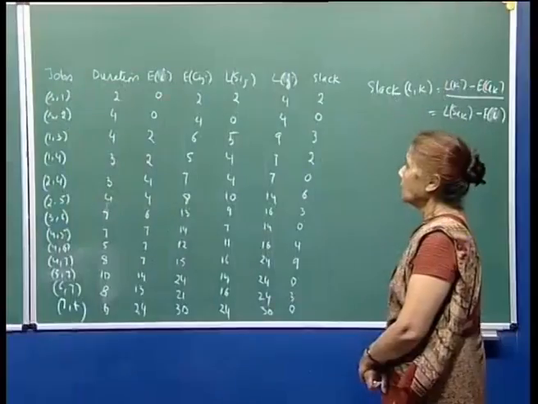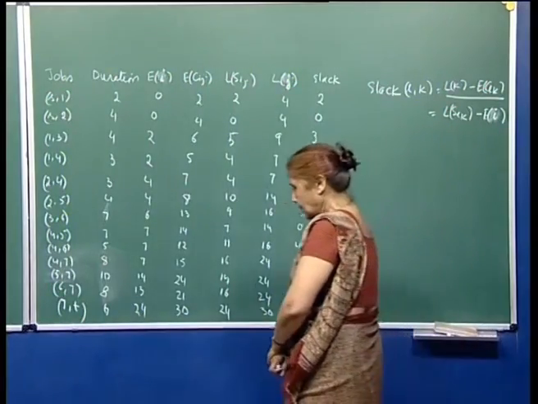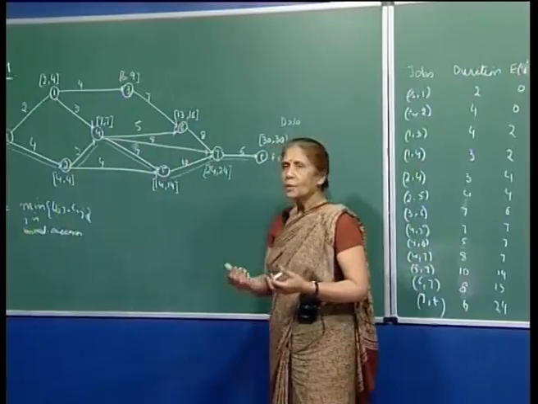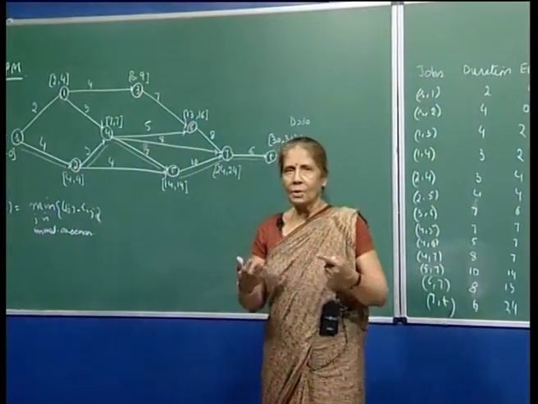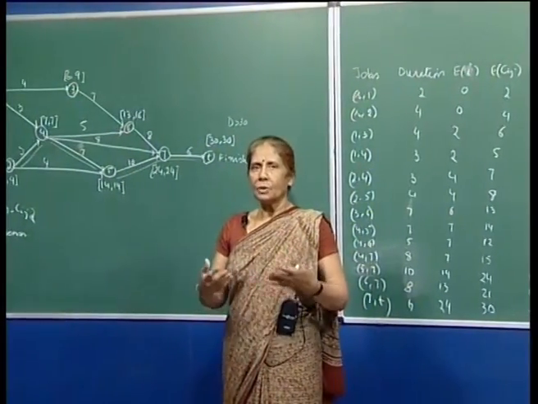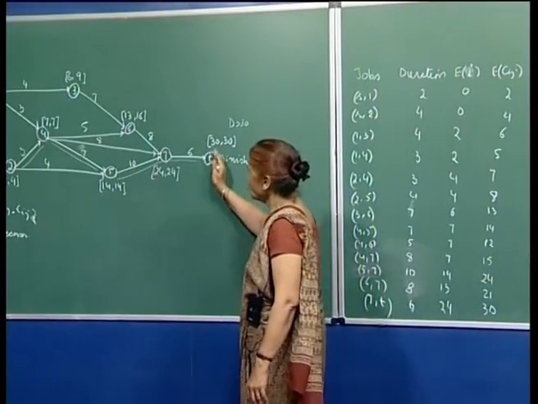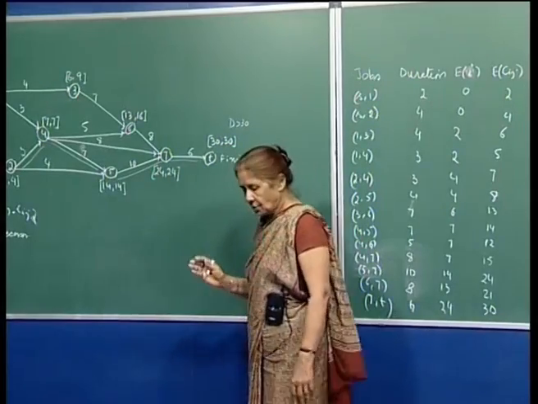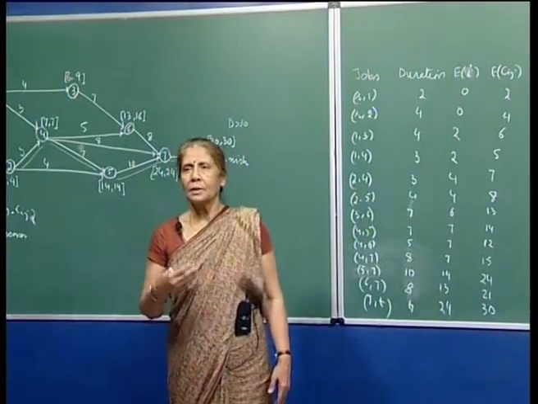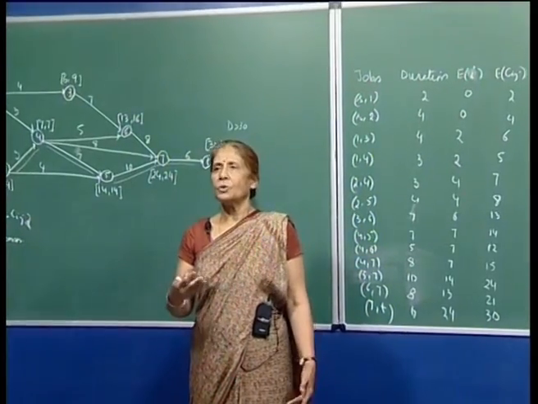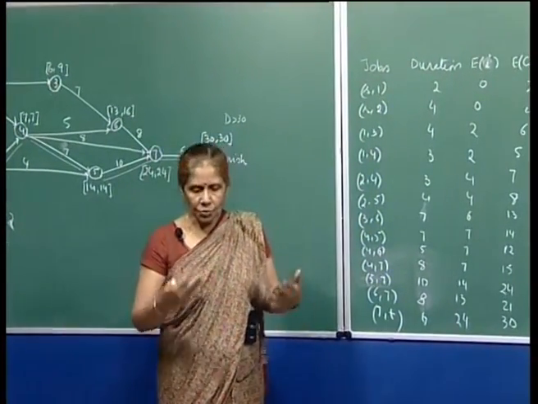The next question that comes is: is it possible that if you add more resources, for example, you put in more labor, you bring in more equipment and so on, whatever it is, you can shorten the project? Of course, shortening the project would mean that you are going to spend more money, because you will hire more labor and use more resources.